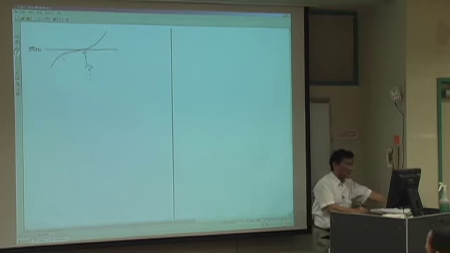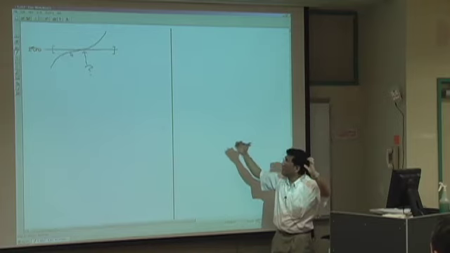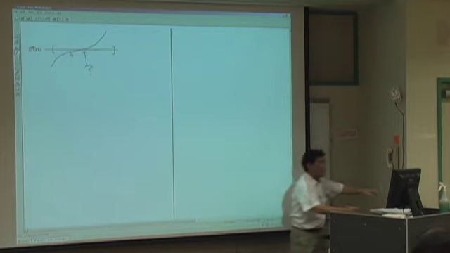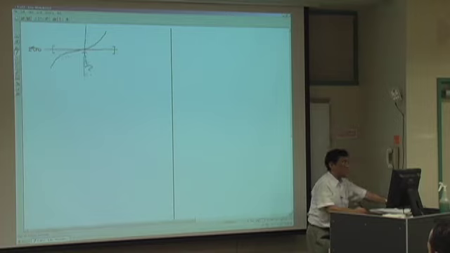Bisection. We capture the domain having the solution, right? So we find the left side and the right side capturing the solution. Then we find a smaller interval by halving the interval, and we capture the solution inside the smaller interval.